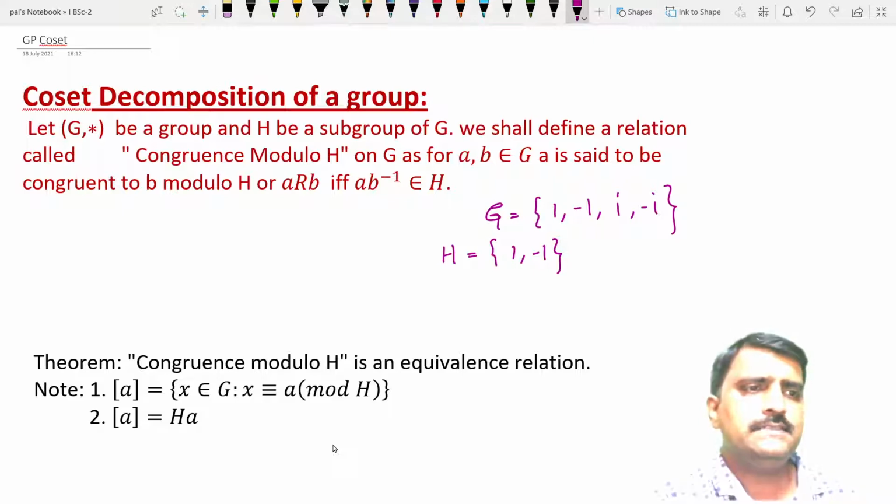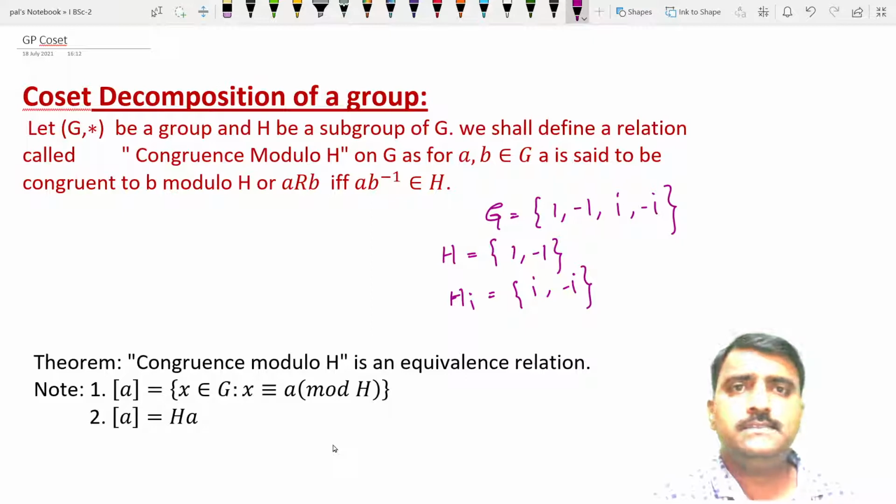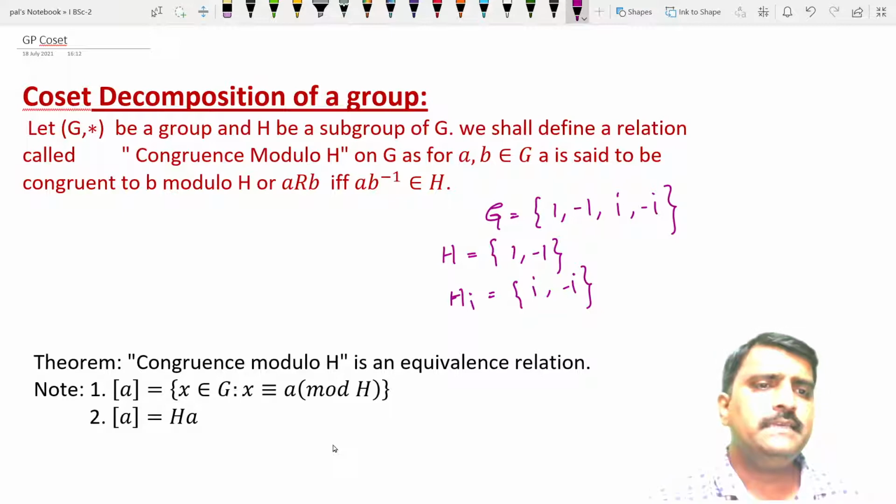So this is H. Now the equivalence class of a is considered like this, Hi. Hi means i into 1 is i, i into minus 1 is minus i. So Hi is {i, minus i}, and this is the same as the equivalence class of i.